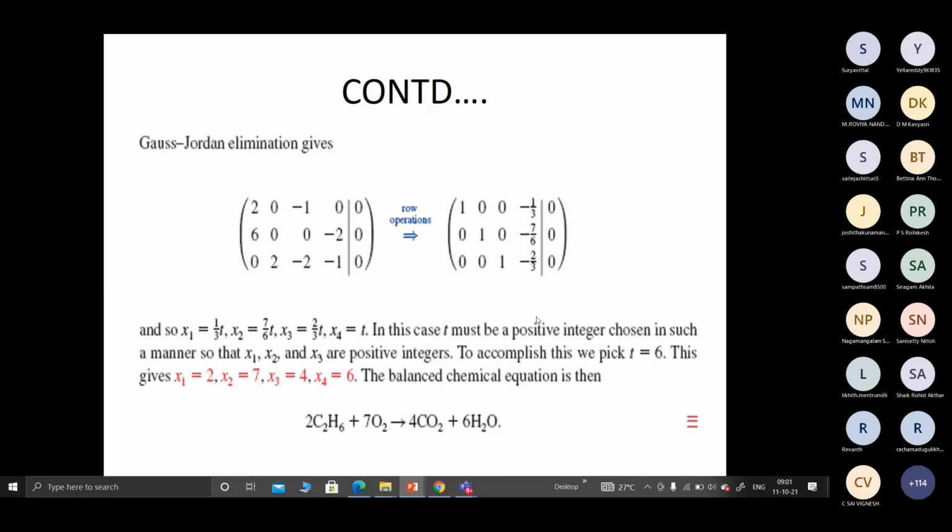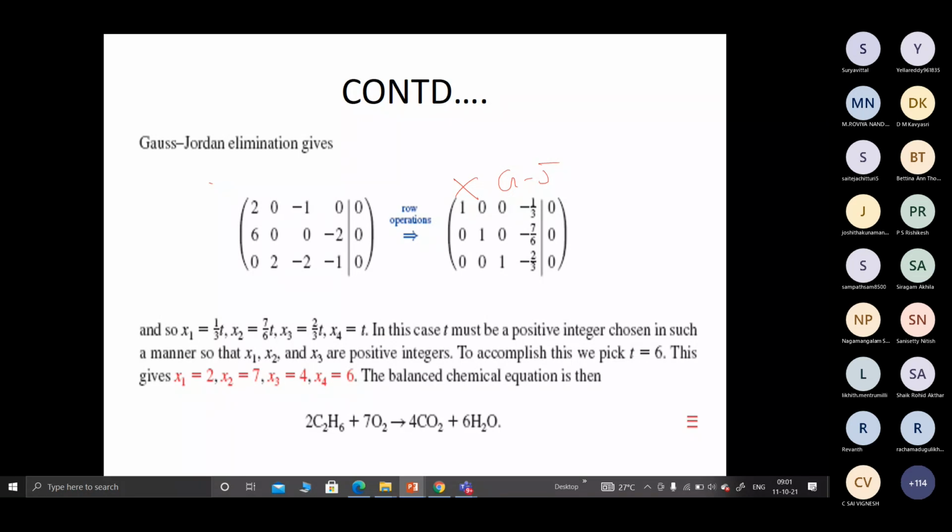See, you look at this. This is the basic system. Okay, don't worry about this because Gauss-Jordan is not required. Go for Gauss elimination. You will get the solution like this only. So x1 is t by 3, x2 is 7 by 6 t, x3 is 2 by 3 t, and so on, in terms of t.